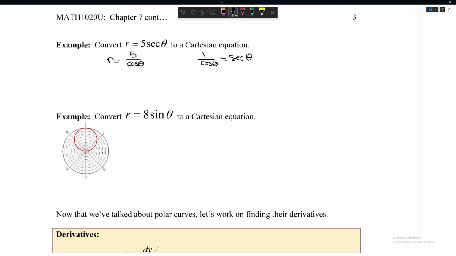Cos is x over r. But you still have an r here. That gets you one step closer, but doesn't help you much. We also know r cos theta equals x. So why don't we just multiply this, and I can say this is x. There you go. That is a solution.